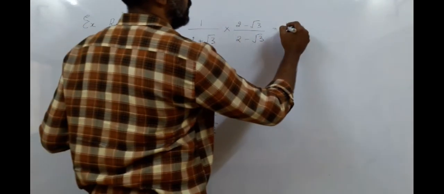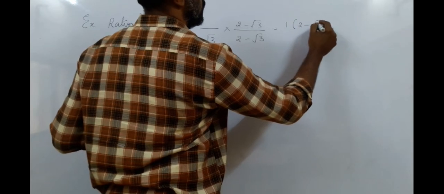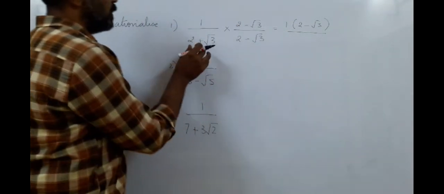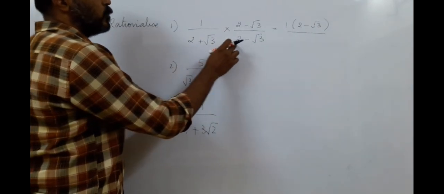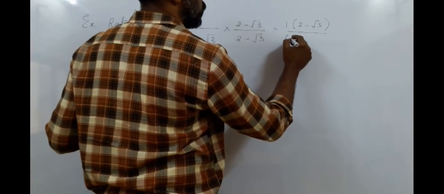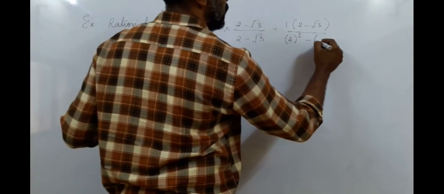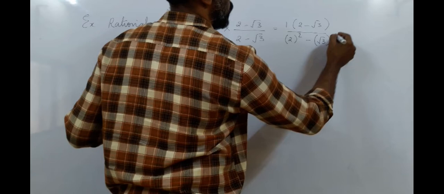Now we get 1 into 2 minus root 3. We have multiplied the numerator. And the denominator, what is there? A plus b into a minus b is a square minus b square. So our a is 2, 2 square minus b, so b is root 3 the whole square.